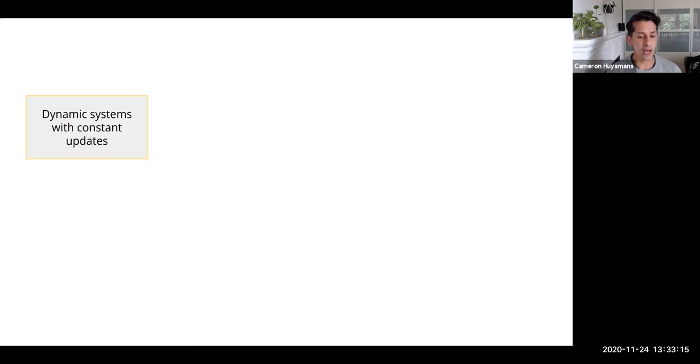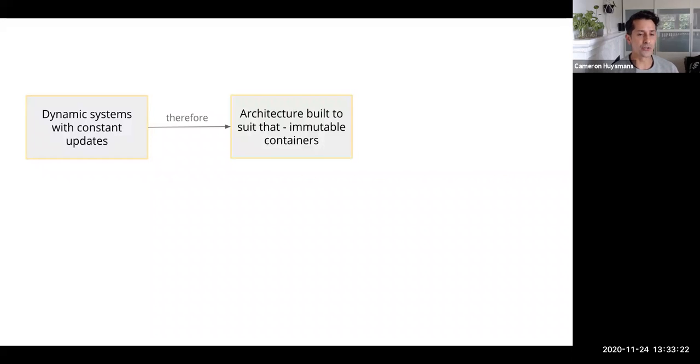So a customer might have some sort of dynamic system that they update constantly. They'll build an architecture to suit that. So think something like Nomad or Kubernetes or some sort of immutable, container style scheduled architecture. And then any change that happens to that system is typically done as code, right?